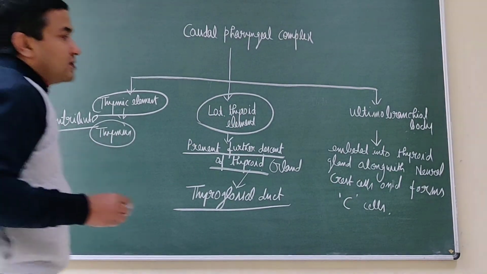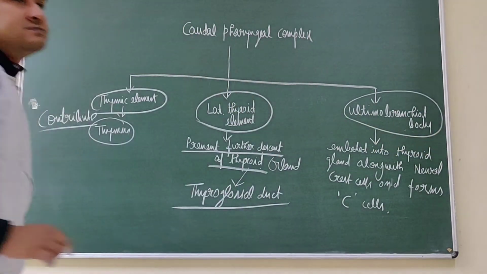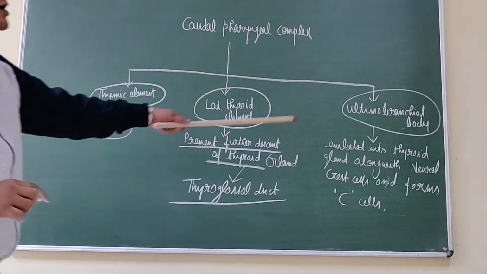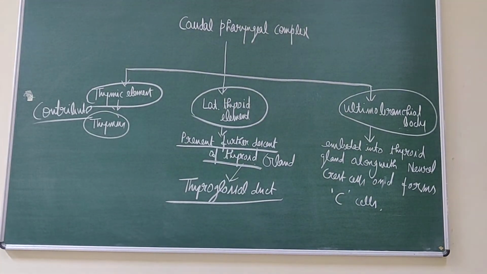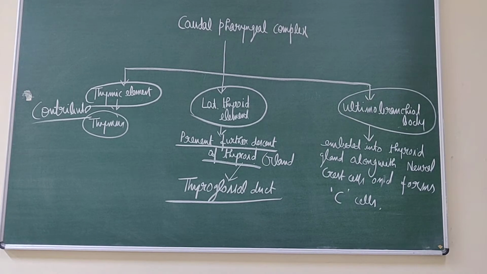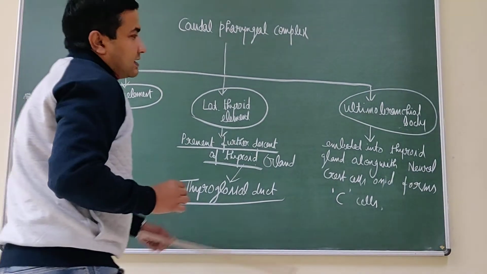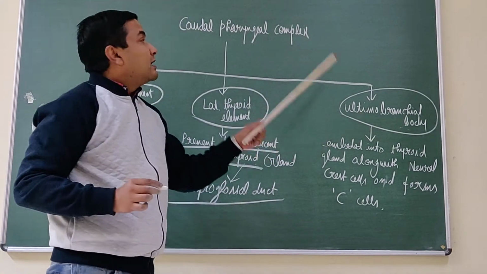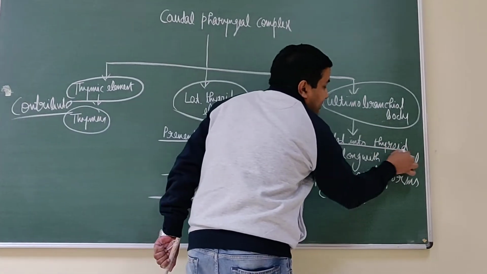Now the important one is the ultimobranchial body. The ultimobranchial body is present in the lower mammals. In human beings, this ultimobranchial body, a caudal pharyngeal complex, is embedded into the thyroid gland.